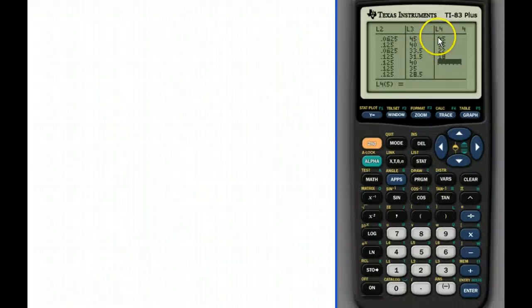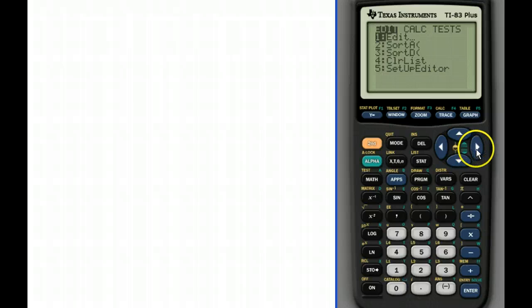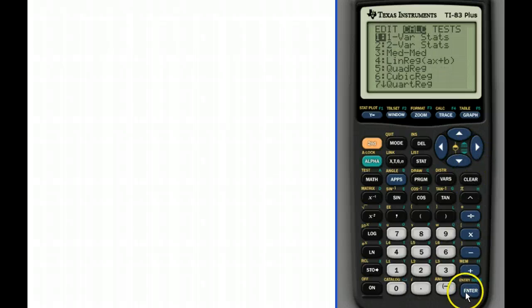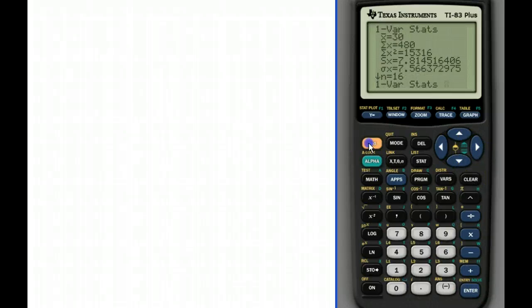Last thing I want to show you, in list 4 I've created just the data set again. There are 4 numbers. I'm going to press stat, calc, one var stats, and tell it list 4. I'm treating that as a population, so I'm going to pull off that population standard deviation at 10.7.